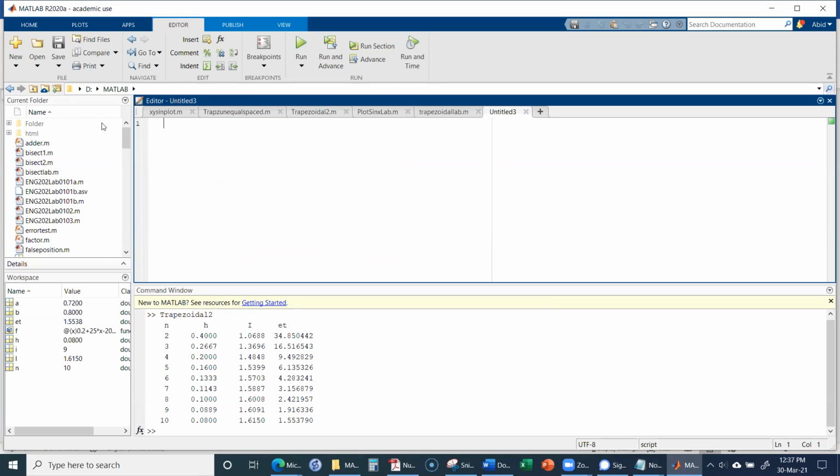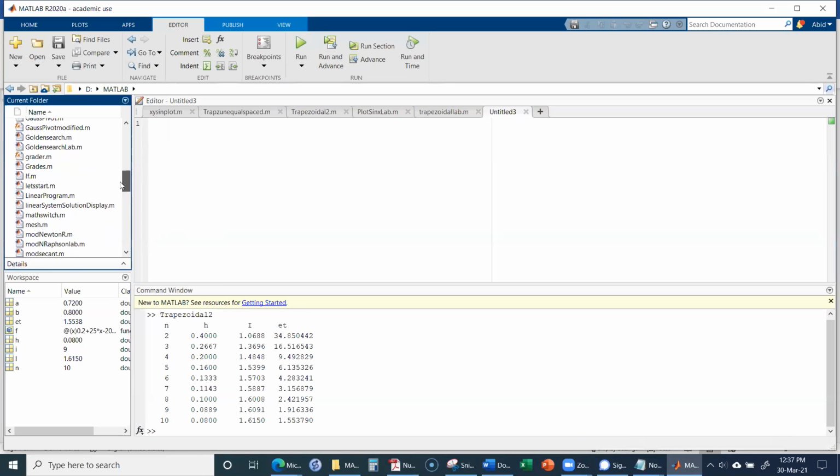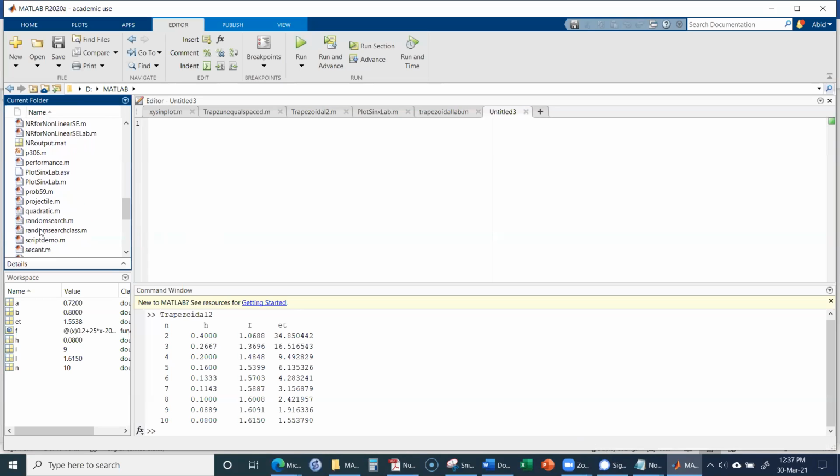Let me open the Simpsons rule, which I have already created over here. In fact, Simpsons rule we will study tomorrow in tomorrow's lecture. So here it is.